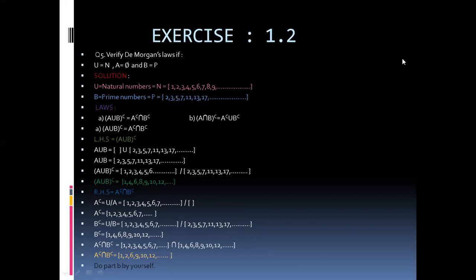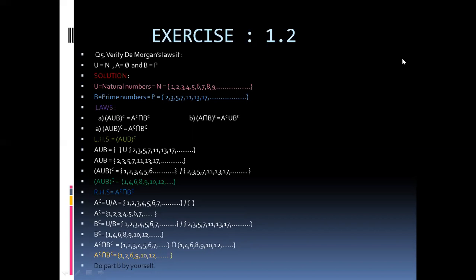The universal set is the set of natural numbers: U minus (A union B). When we take the difference of these two sets, our (A union B) whole complement becomes 1, 4, 6, 8, 9, 10, 12, and so on. It means our answer will be the set of composite numbers.